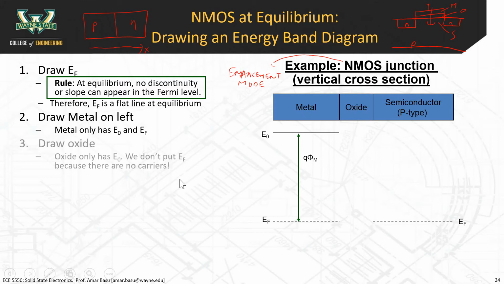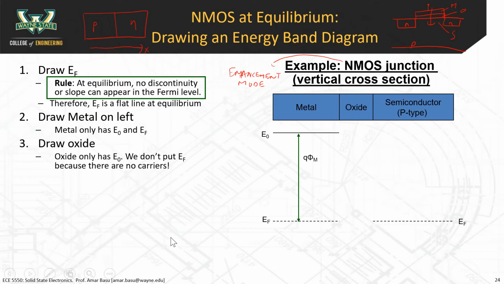Then you draw the oxide material next. So you start off with the metal, then you draw the oxide. The oxide material has an E0, but we don't put the EF in there because in an oxide material, there's really no carriers.